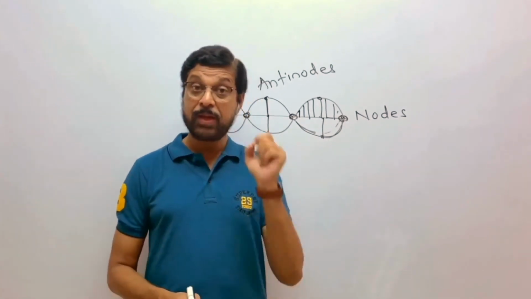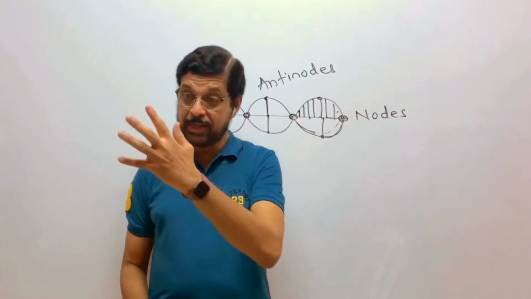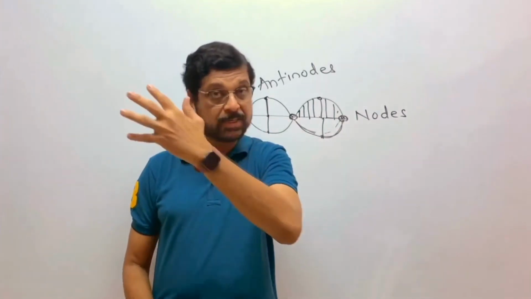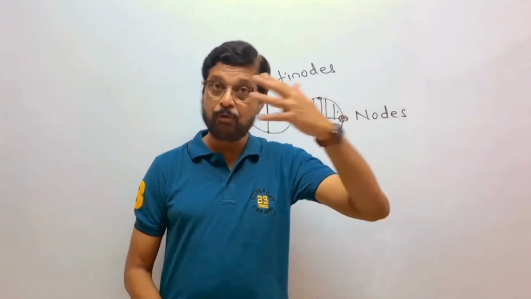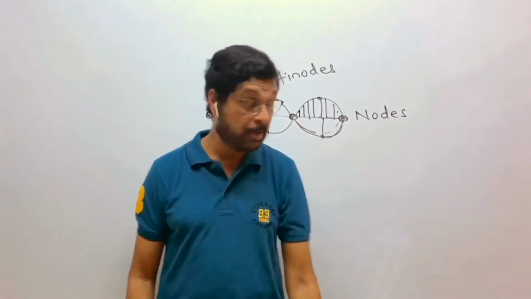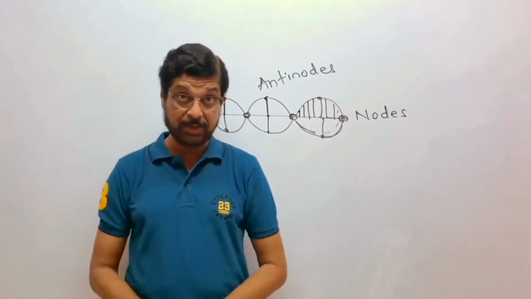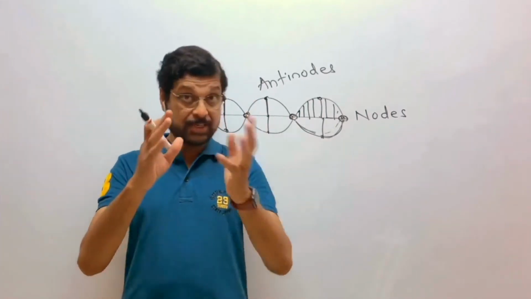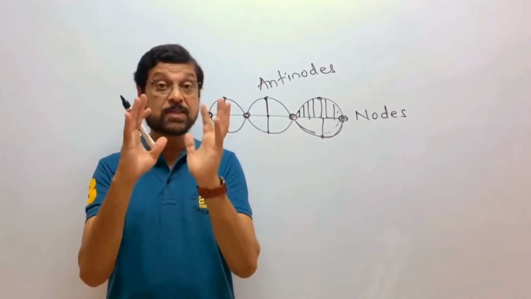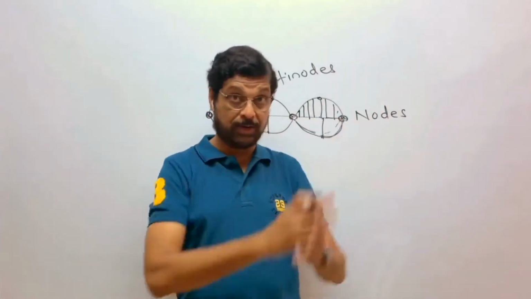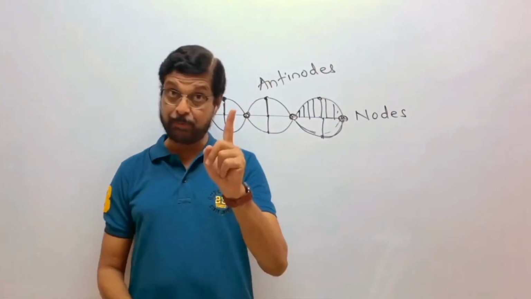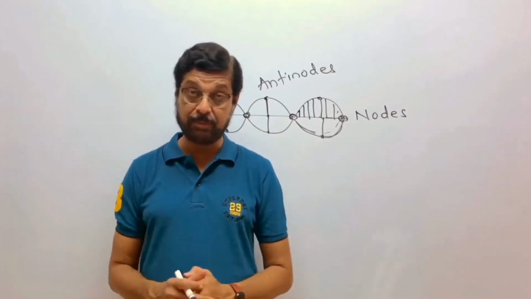Means in a progressive wave, energy is transferred in the medium from one point to another point. But this stationary wave, as it is localized, means energy is there, but that energy is stationary, it is not transferred. That is the big difference between a progressive wave and a stationary wave.